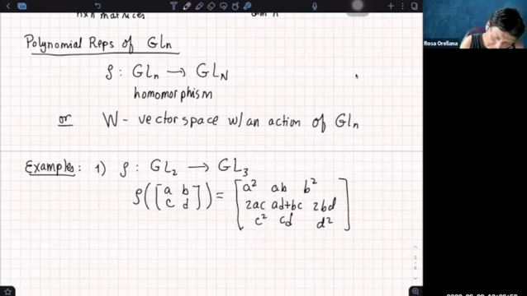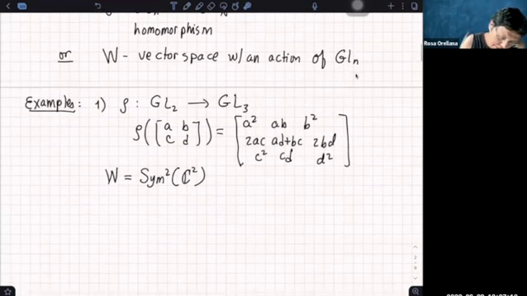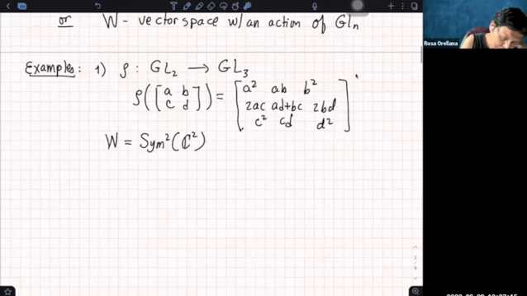And in this case, if you are familiar with representation theory, you might realize that this is just Sym2 C2, the vector space of symmetric tensors. And well, maybe I should have started with the defining representation.